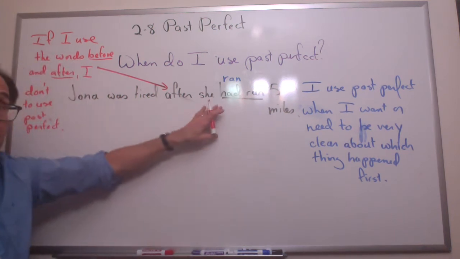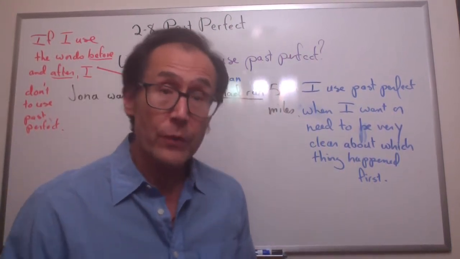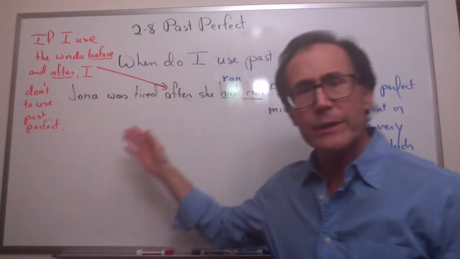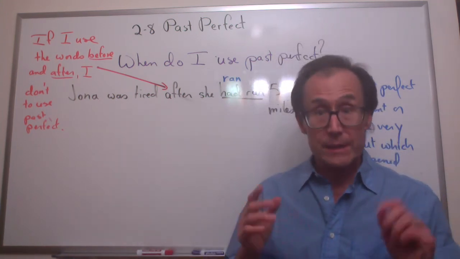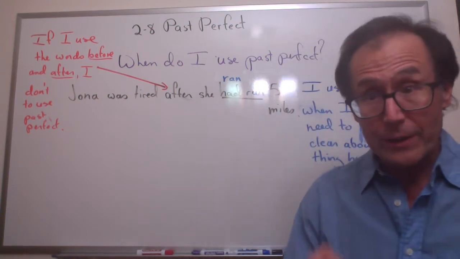I can use past perfect if I want to, but I don't need to, because the words before and after already show which one happened first. Let me give you another example with before and after, and then I want to give you an example of a time that we need past perfect to be clear, okay?